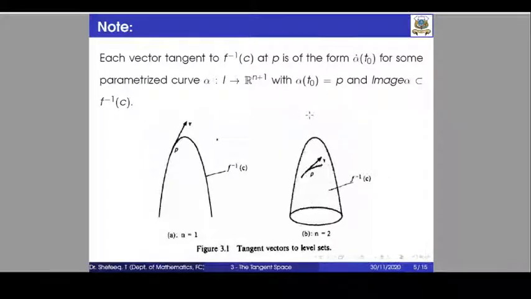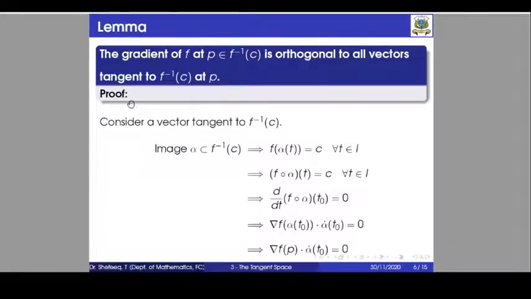Now we have a lemma. The gradient of f at p belonging to f inverse c is orthogonal to all vectors tangent to f inverse c at p. The gradient of f, that means del f of p, is orthogonal to all vectors tangent to f inverse c at p.